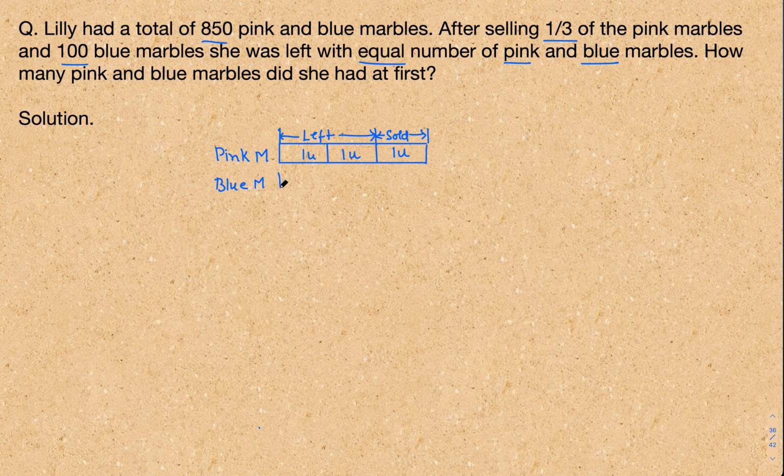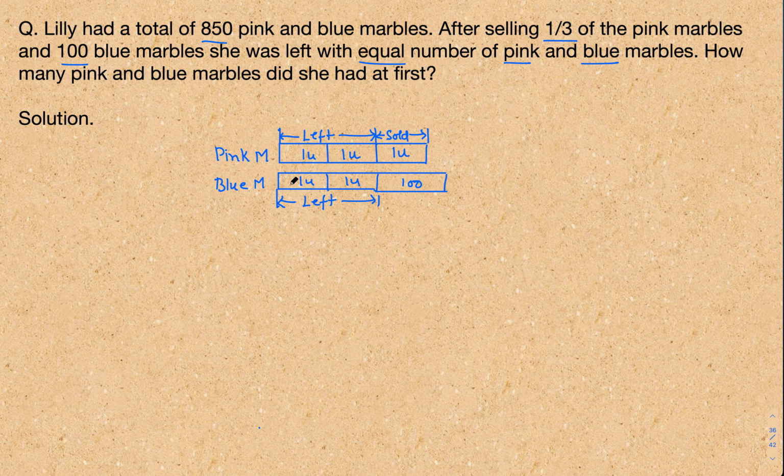So let's show it here. This is my 2 units of blue marbles, which is the same as the leftover amount of pink marbles. This is my left number of blue marbles. He is left with 2 units after selling 100 blue marbles. So let's extend the blue marble bar further to show that he has sold this 100.